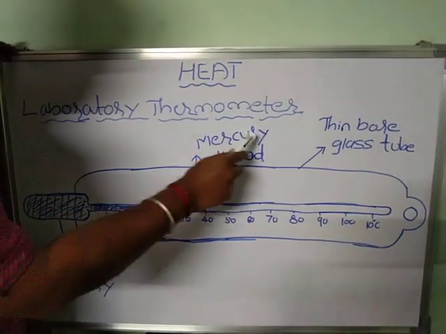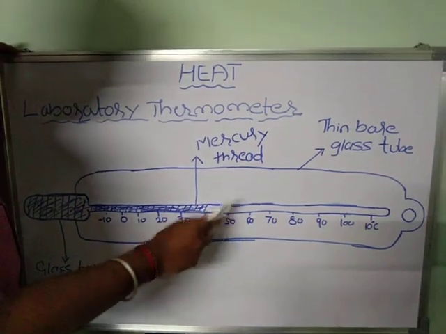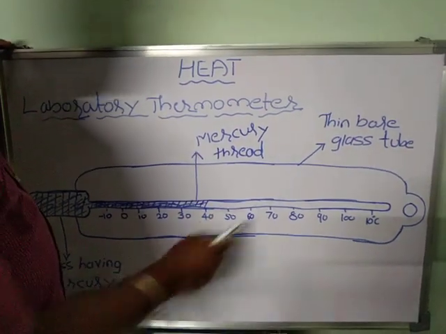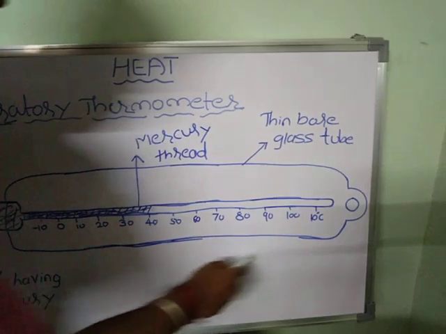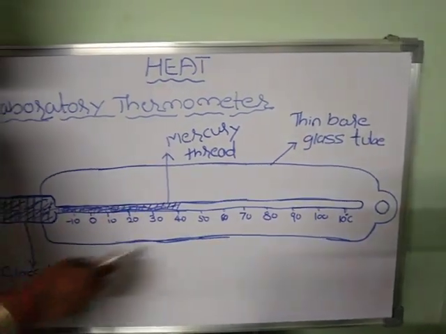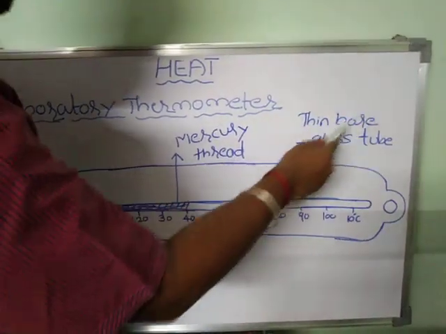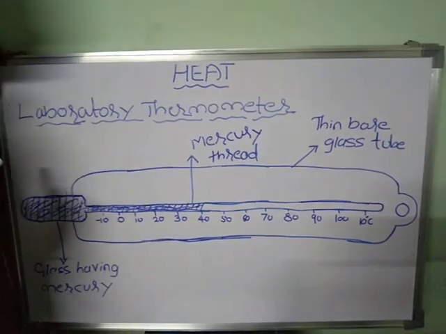You can see the mercury thread slowly rises in the capillary tube, and this outside part of the laboratory thermometer is the thin bore glass tube.